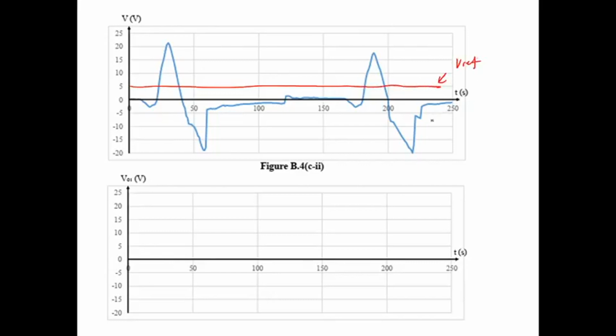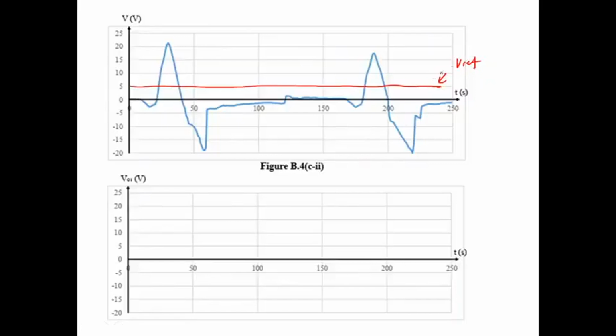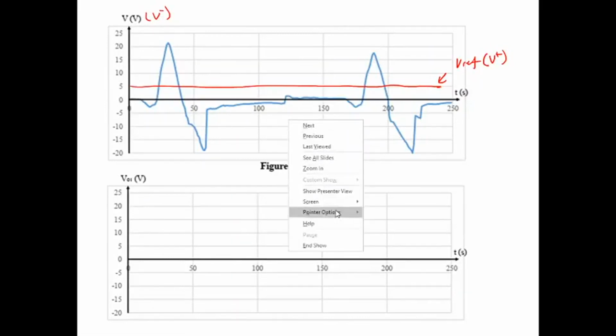For a comparator, it's important to identify whether the reference voltage is at V plus or V minus. The reference voltage here is at V plus, so your input is at V minus. Once you identify that, you can analyze which part of the graph has V plus larger than V minus, or otherwise.